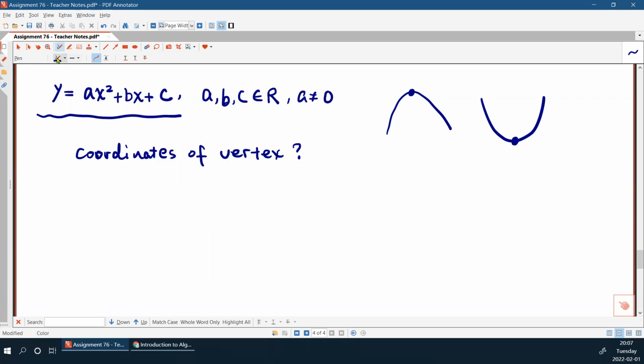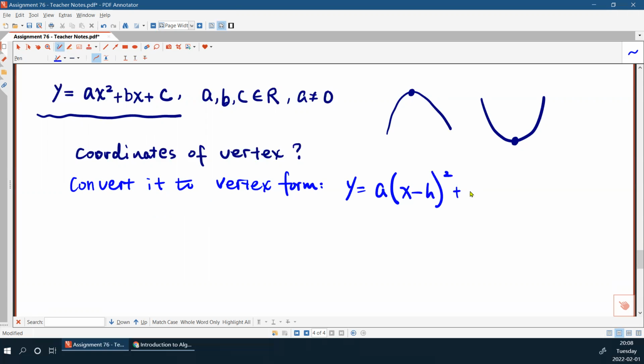If you want to find the coordinates of the vertex, you need to convert it to a vertex form, right? Which has a form like y equals a times x minus h squared plus k.